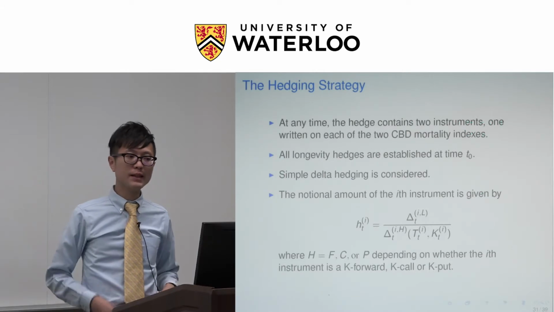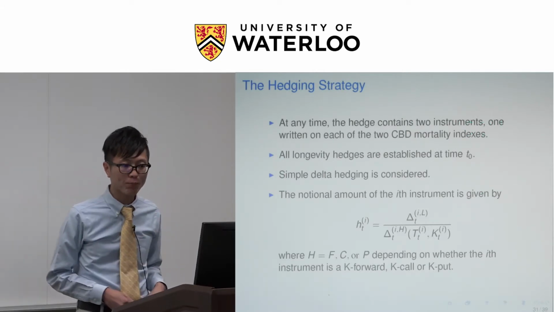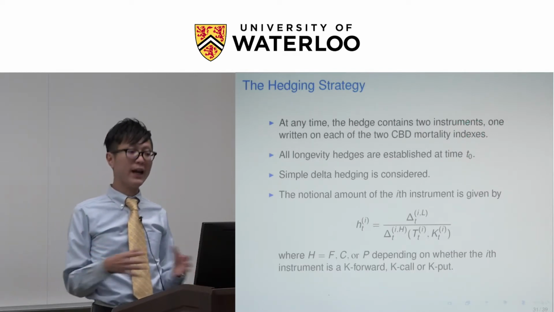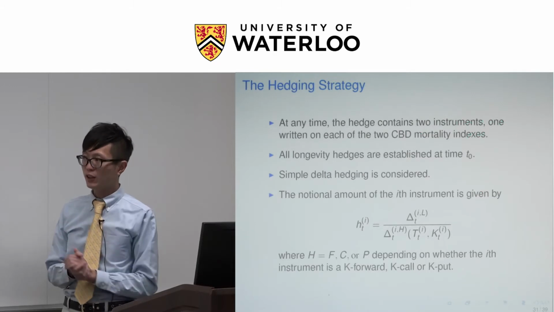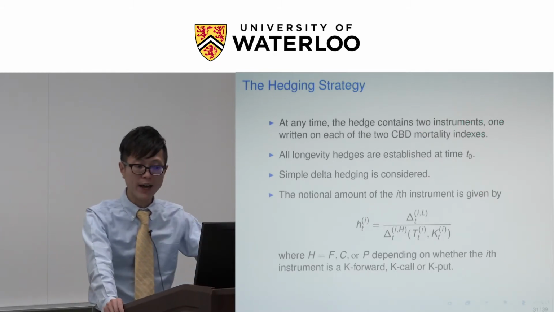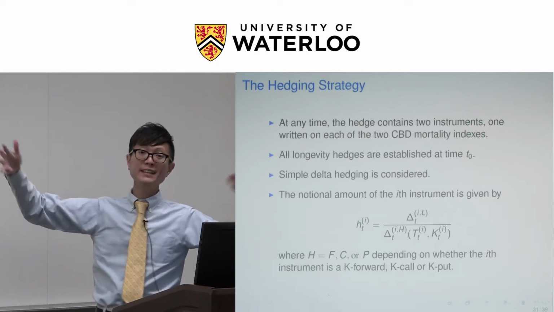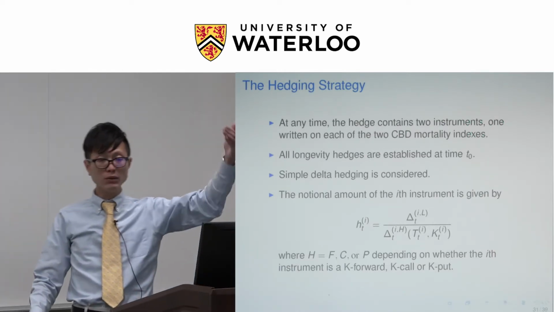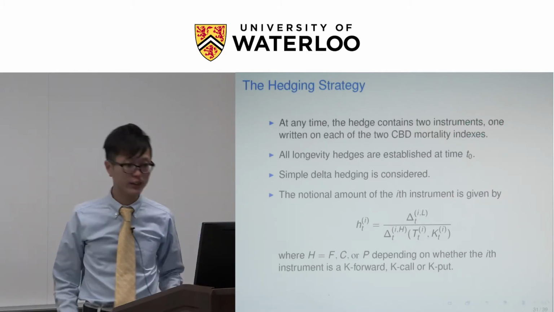I'm further assuming that all hedges are established at time t0. And for simplicity, I'm only considering delta hedging. So with delta hedging, the notional amount of the ith instrument is calculated by this hedge ratio, which is indeed the ratio of the delta of the liability being hedged and the delta of the hedging instruments.